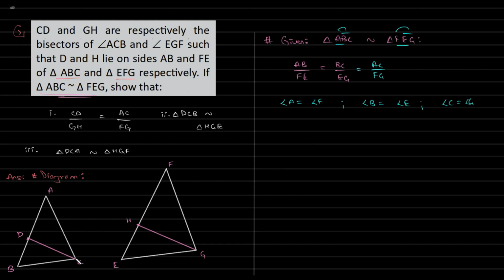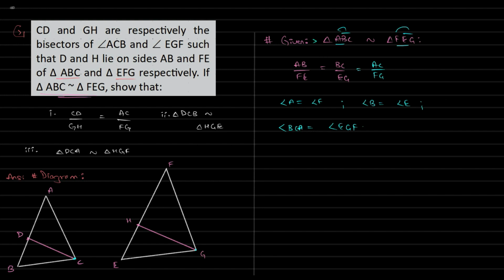But wait. At angle C and angle G, there are three arms, so it's better to expand and write. Let me rewrite this. Angle BCA is equal to angle EGF. Okay, so this is the first part of the given.